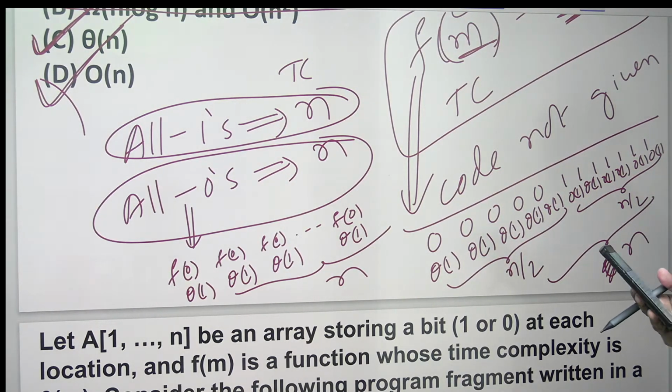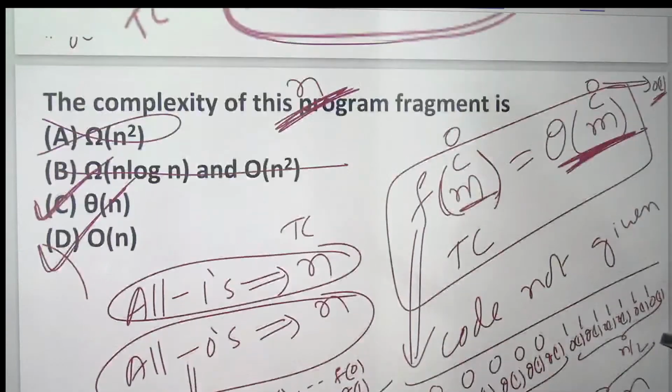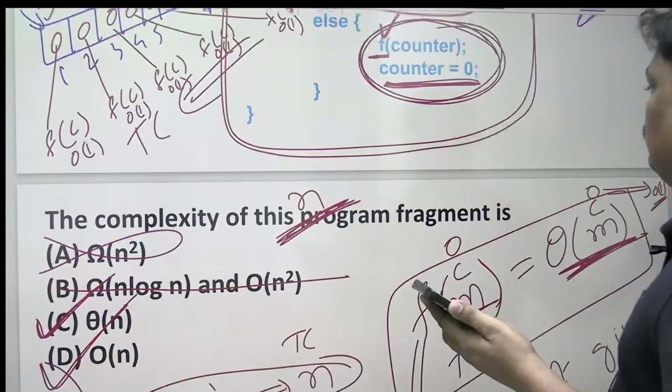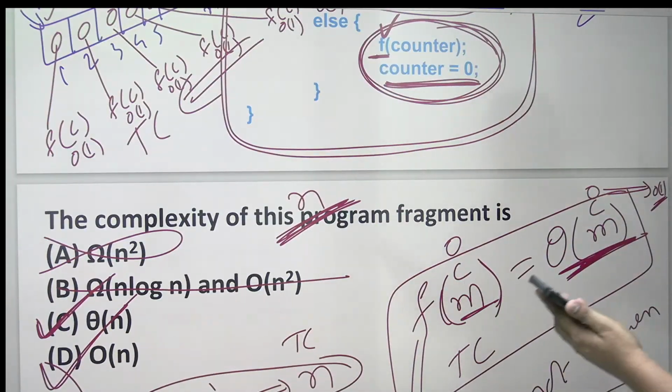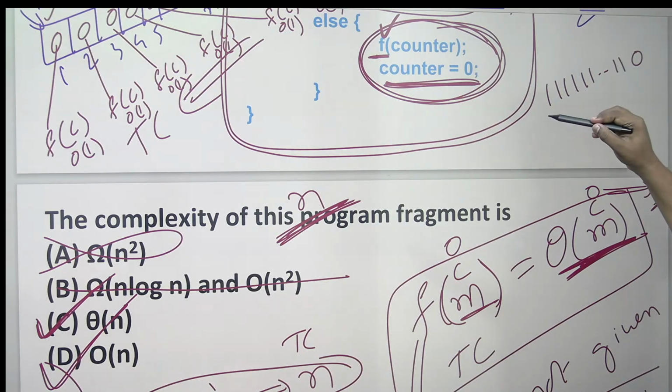All ones except last is 0. Why don't you try? Arey Rajkumar, why don't you try, man? Instead of asking me, why don't you try? Let's see this. All ones except last 0. So these all will give n minus 1.